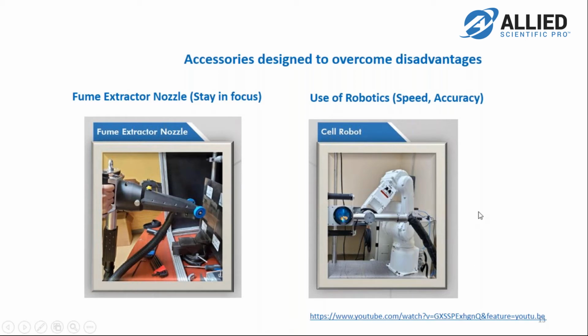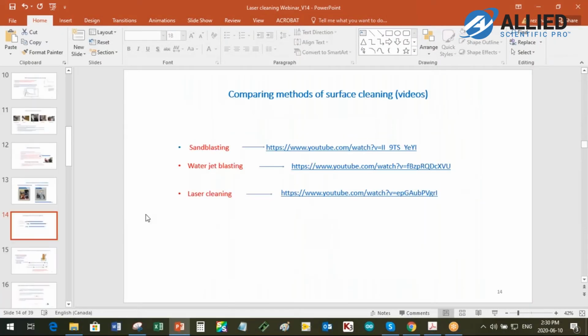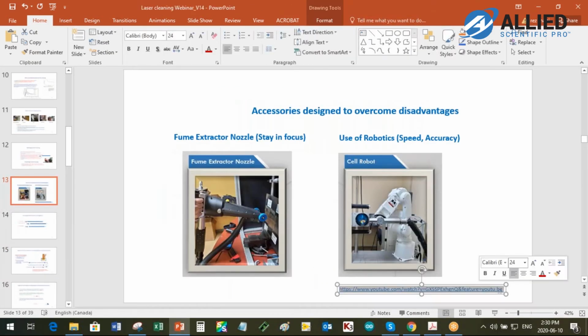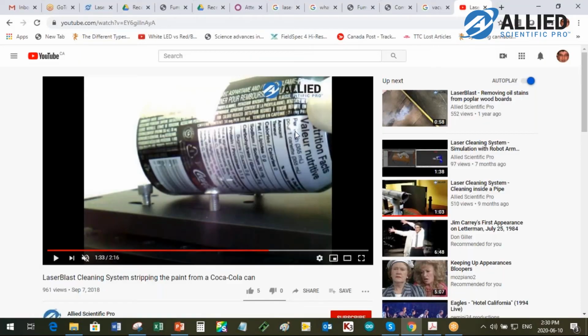The other concern about the speed and accuracy is use of robotics. So robotics are very useful in the operation of a laser cleaner, and they could make it much faster and remove the effort by the operator. So let's take a look at one of the videos where robotics is being used to remove some paint from a pipe.